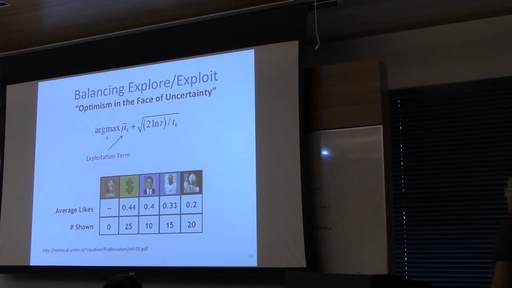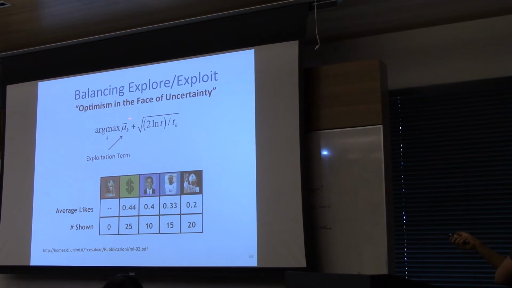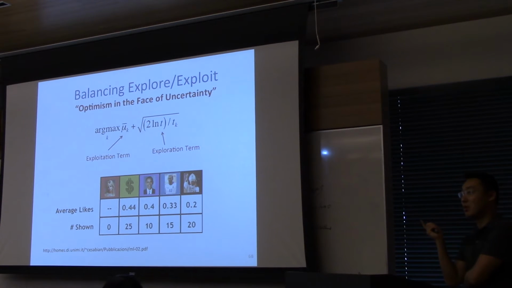Right? One way to think about how it balances exploration versus exploitation is this: this is the exploitation term, the average reward given what I've estimated so far, and this is my uncertainty. So I balance exploration and exploitation by choosing the action that has the highest sum of average reward and uncertainty.